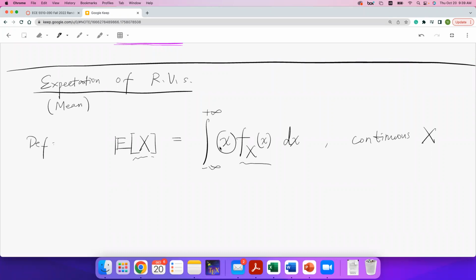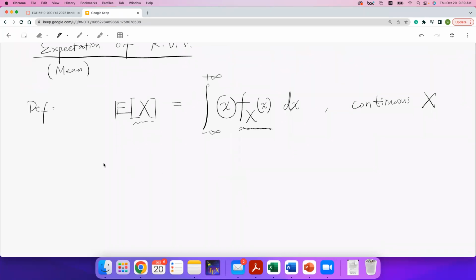So this has to be a weighted average. And the weights are specified by the densities, PDFs. Once we perform this weighted integral, we get the expected value of this random variable. Now, if X is discrete, then we simply replace integration by summation.